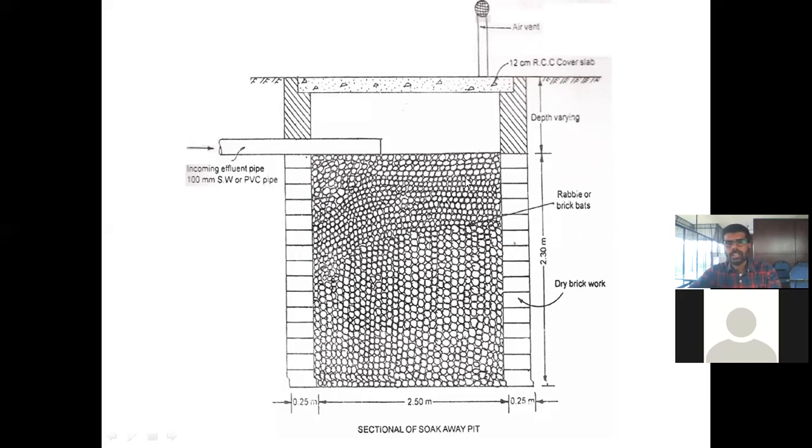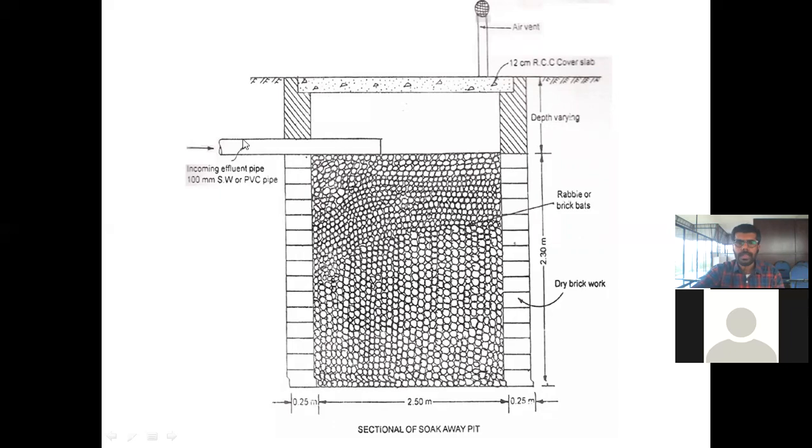So you can fill it with this, or you can keep it vacant also. That is not a problem. If you want to fill it with something which helps to soak away, you can do this, or without this also it is acceptable.